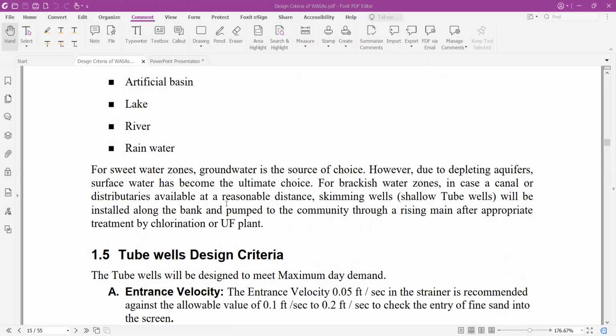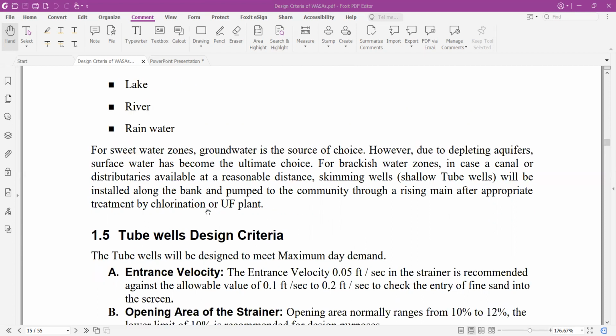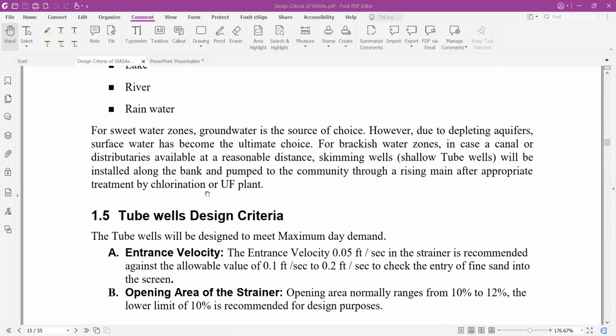That water can be used for industrial purposes or for the factories for the production of different things. If the quality of the water is not viable, treatment should be provided. Ultrafiltration plant and chlorination should be provided in order to get good quality of water.